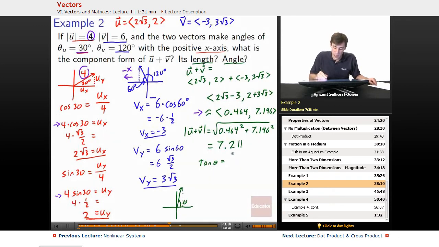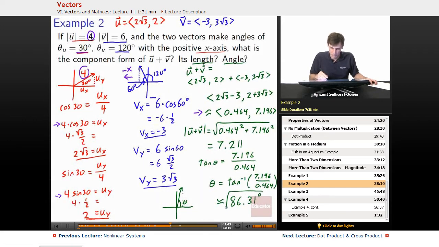The side opposite in this case will be the vertical height divided by the side adjacent of 0.464, the horizontal amount. We take the arctan of both sides, so the inverse tan of 7.196 over 0.464. We plug that into our calculator, look it up in a table, and that comes out to be approximately 86.31 degrees. Great.